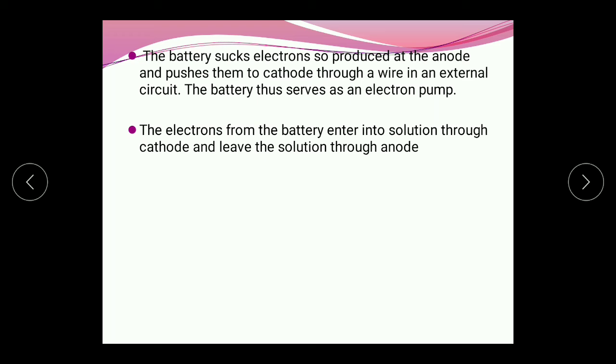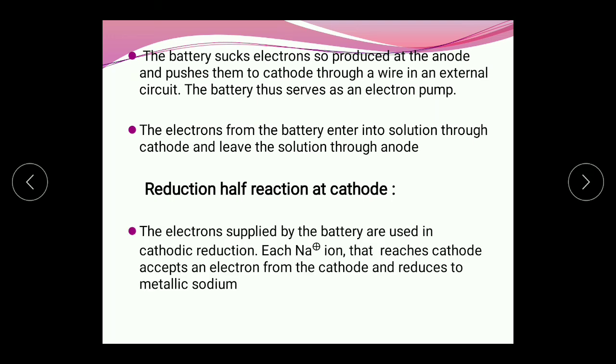Now, these Na plus ions will gain electrons, those that come from the anode. And as the electrons are gained by those Na plus ions, it is a reduction, and by gaining those electrons, Na plus will convert into Na. The reaction will be like this.